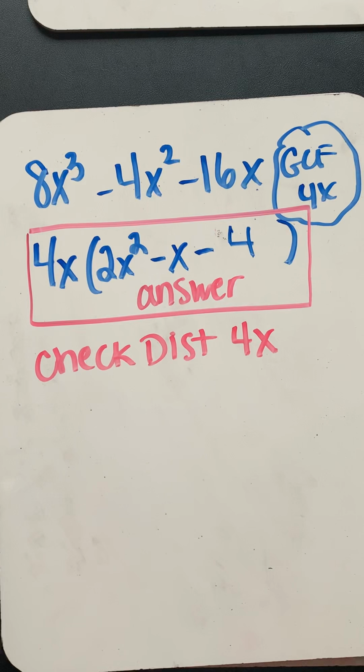So that's a really quick crash course. I know there was factor by grouping, so let me do one of those examples too, so you have an idea. Factor by grouping can only work if you have 4 terms.